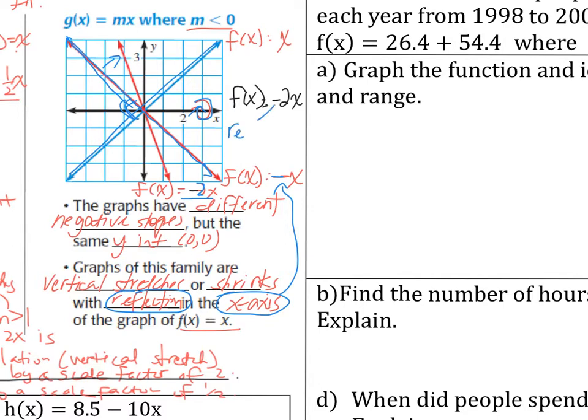The negative sign refers to the reflection. The slope or the scale factor refers to how dilated the graph is, or whether it's stretched or shrunk. So again, if it's stretched, it's going to be greater than 1. And if it's shrunk, it will be between 0 and 1.